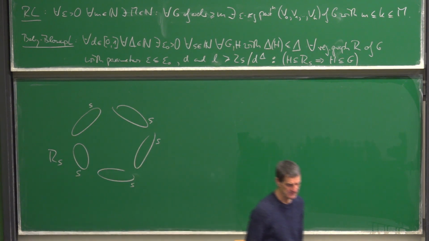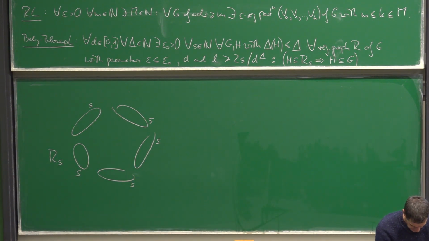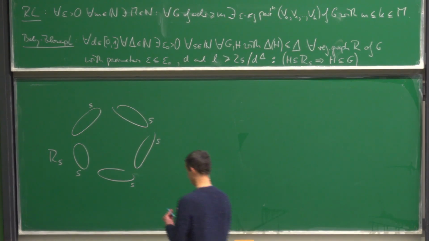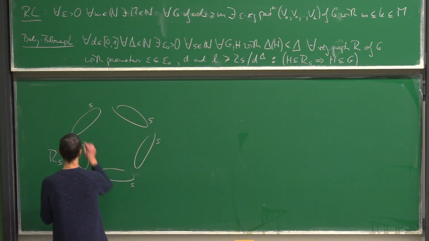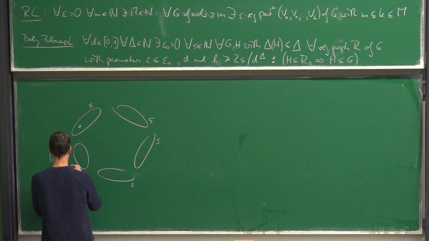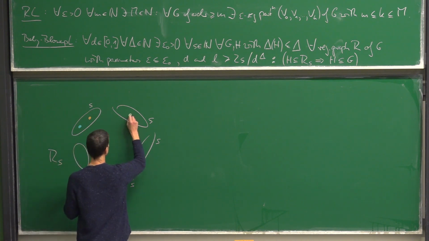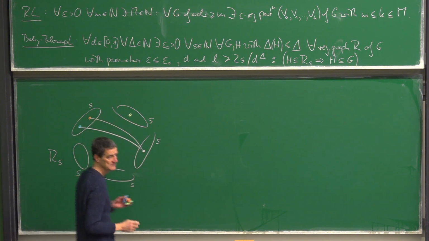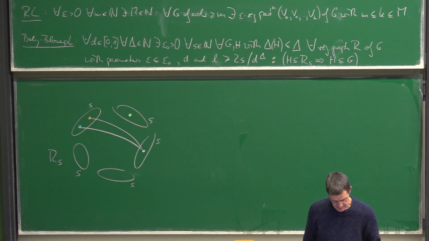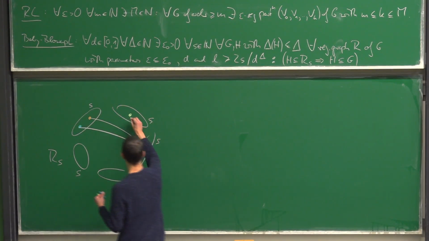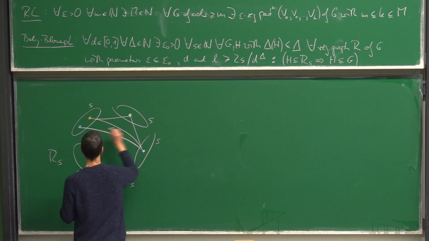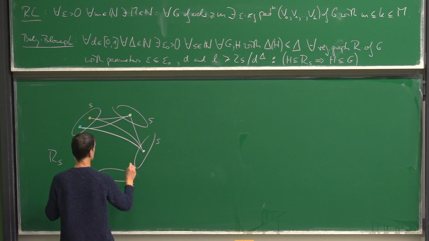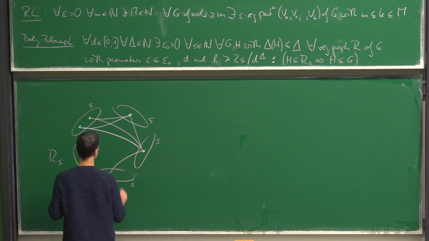And we assume that we have a graph that we want to embed in G. Something like this.